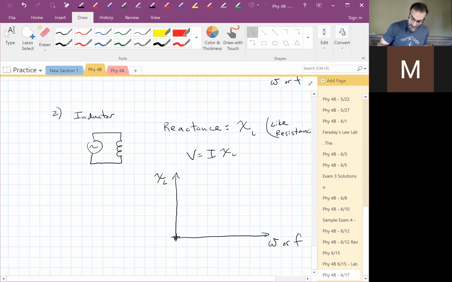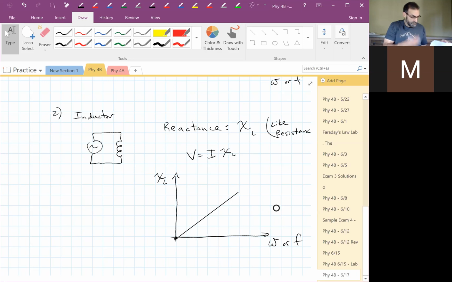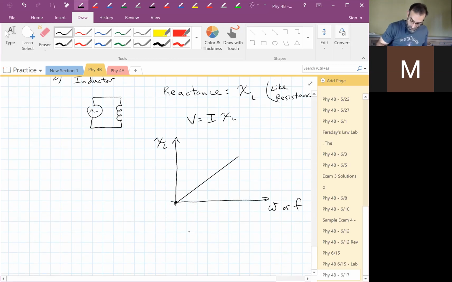It turns out it's linear. Okay, so what is it? It's omega times L. It's linear.